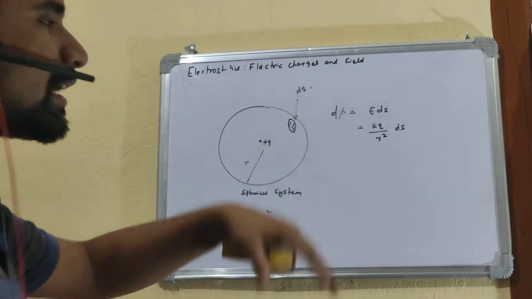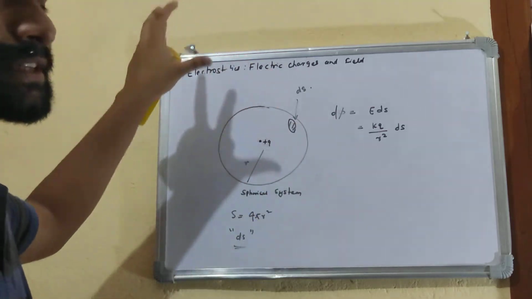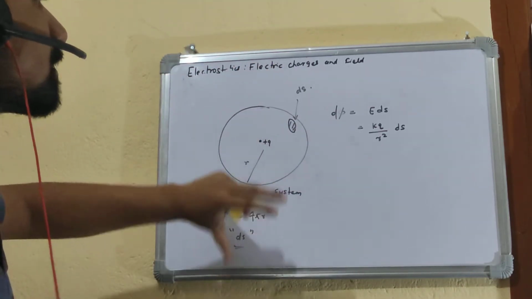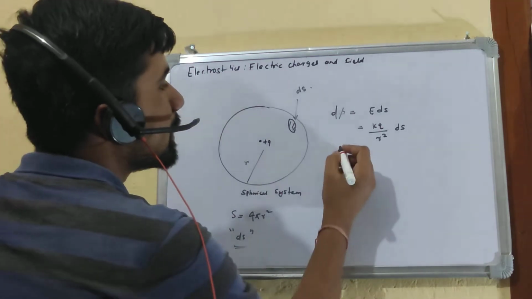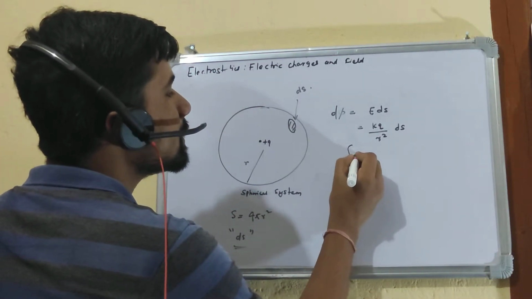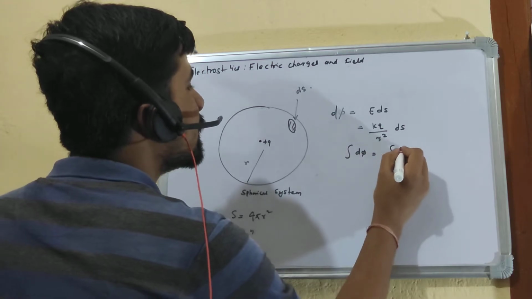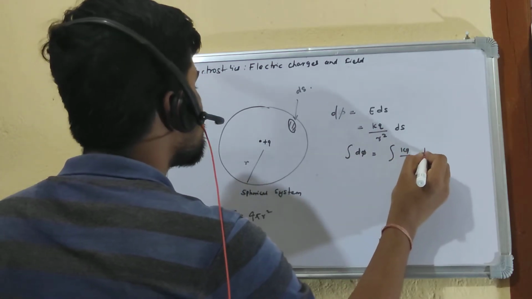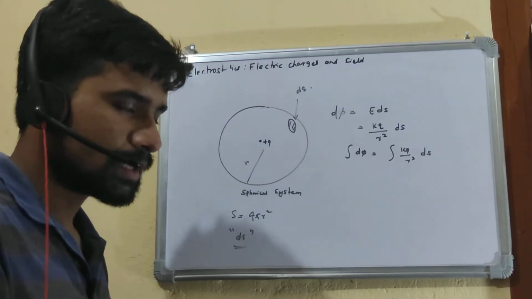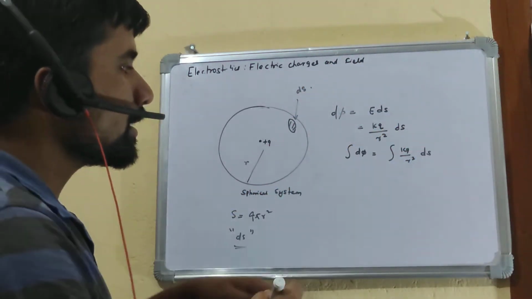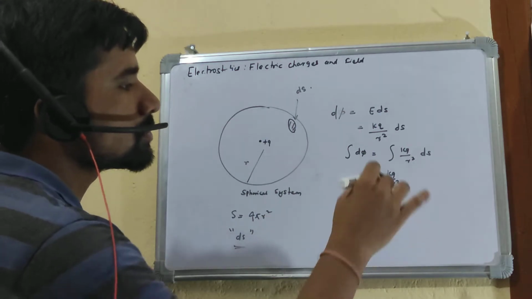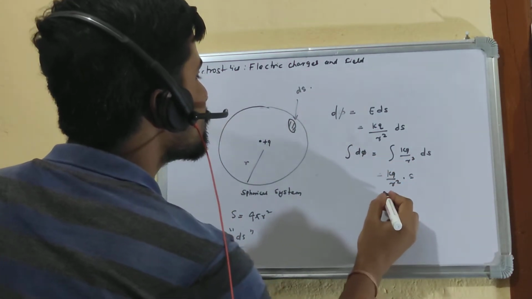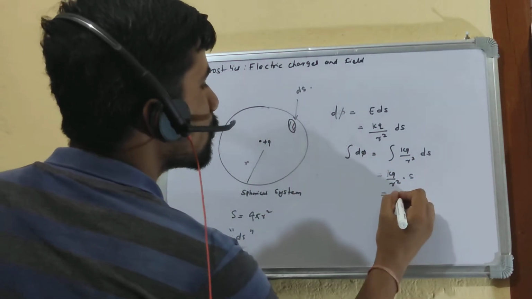Now if I need to calculate the flux due to this q through the whole sphere, I need to integrate it. So integration of d phi will be integration of kq by r square ds. Here kq by r square is obviously constant. Integration of ds over the whole surface is the net S, which I just said is 4 pi r square.